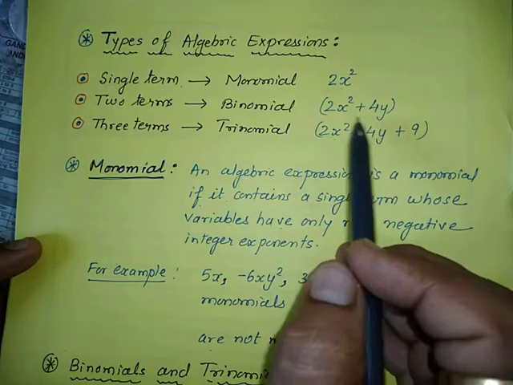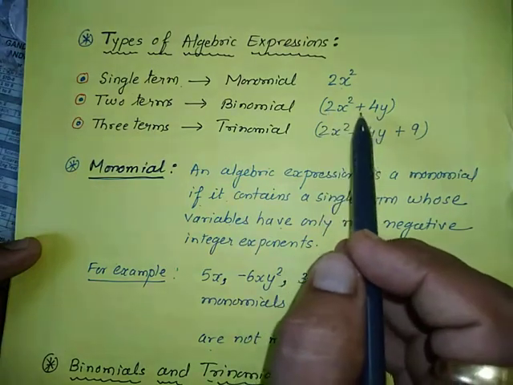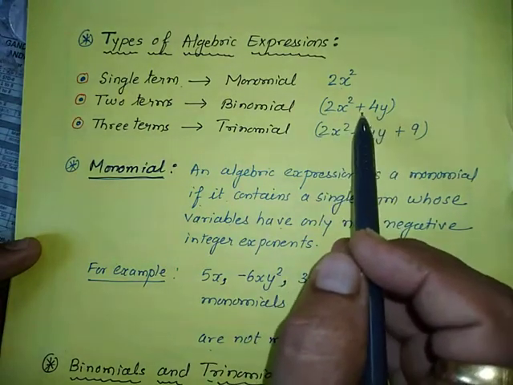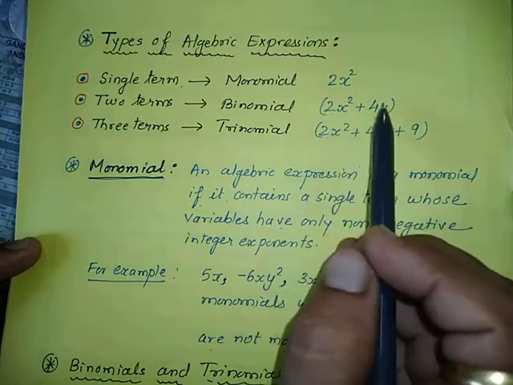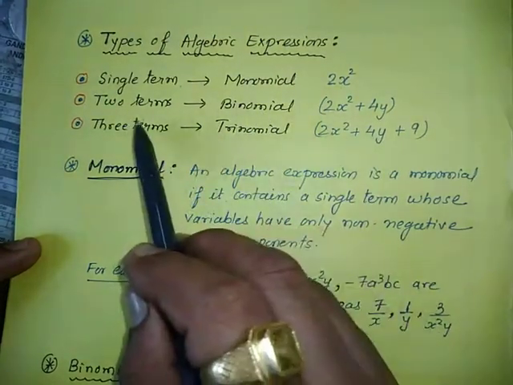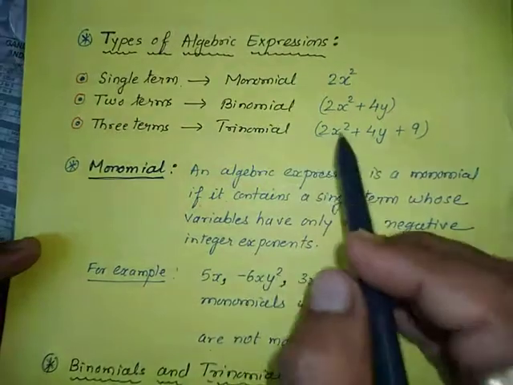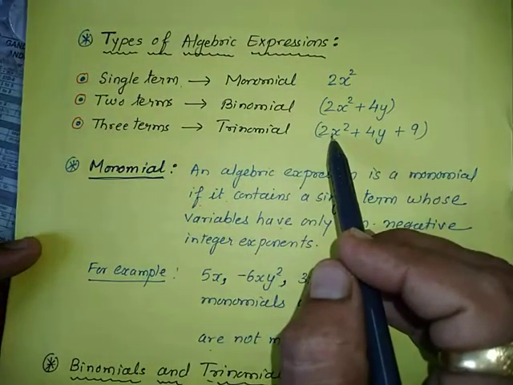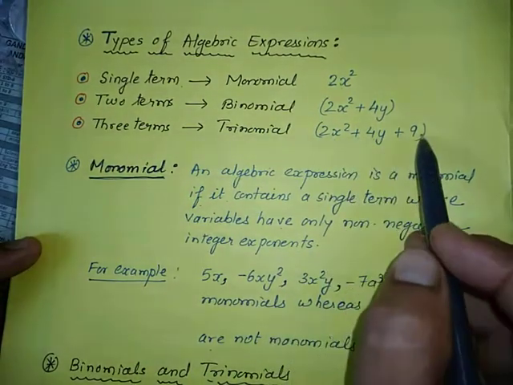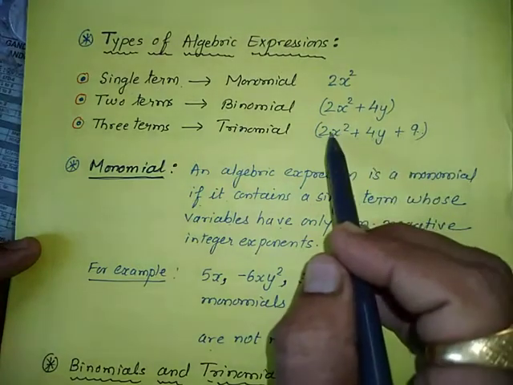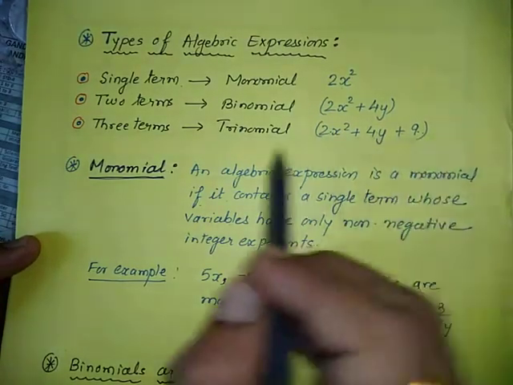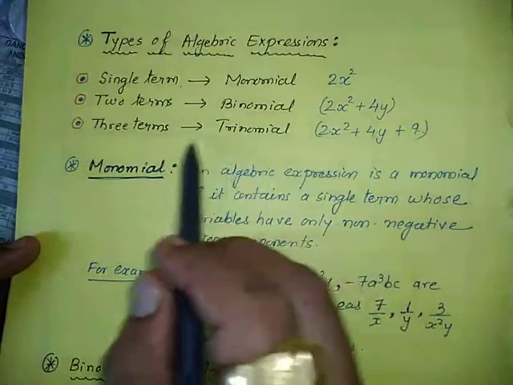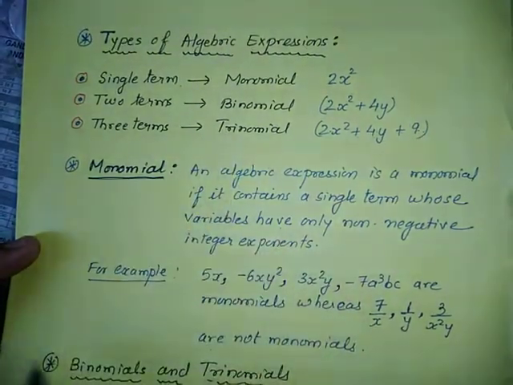That we will learn later. With the plus sign in between, there is one term and two terms, that means binomial. Then 2x square plus 4y plus 9: this is separate, this one is also separate, so three different terms with addition or subtraction signs in between them. Three terms means trinomial.